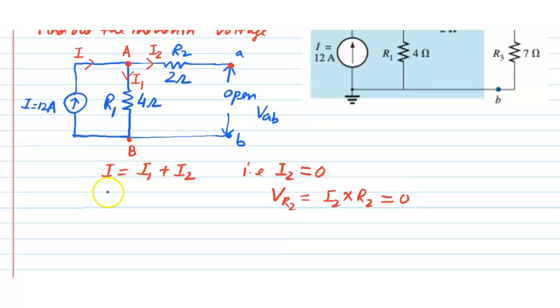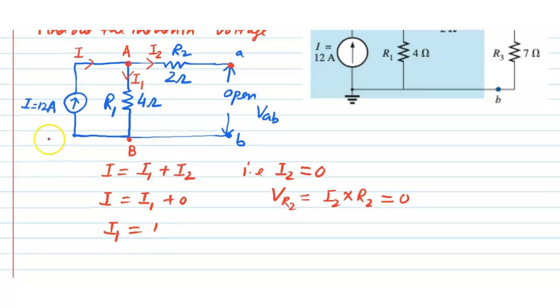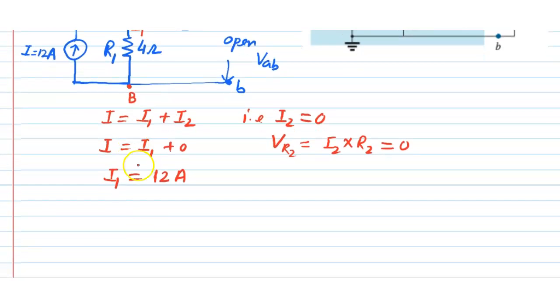So I is equal to I1 plus 0. That means the current in this resistance, I1, will be 12 ampere. And the voltage drop across this resistance, VAB, is equal to I1 R1.